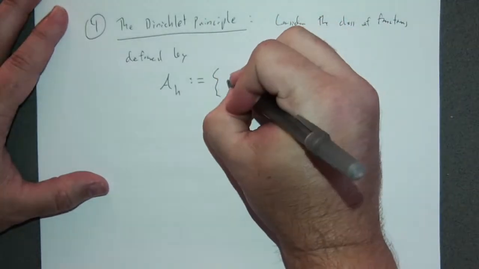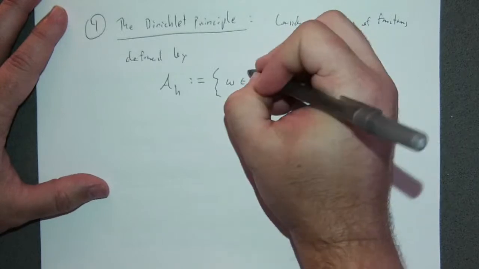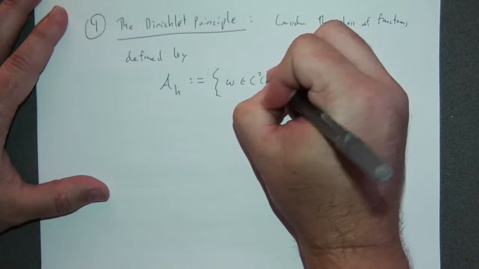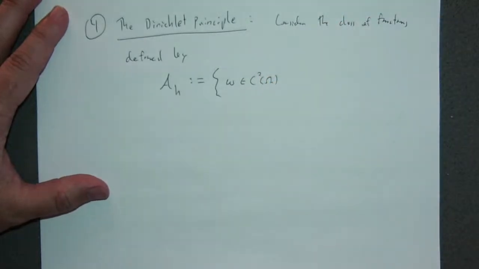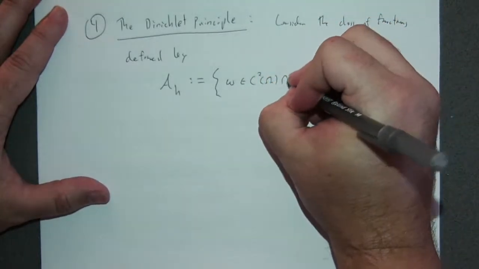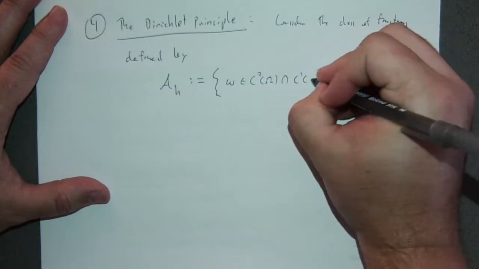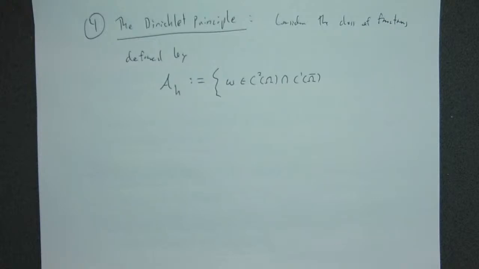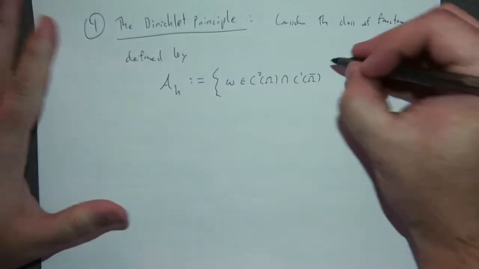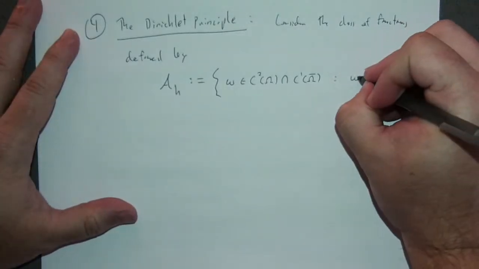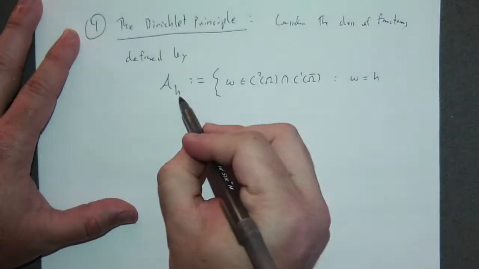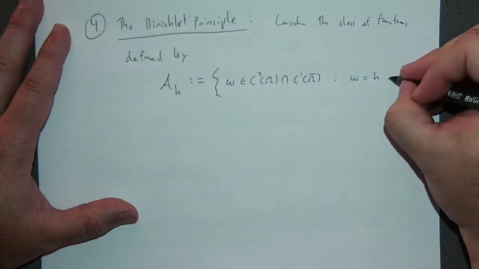The functions in question are some functions w that are C2 on omega and C1 on omega bar, and on the boundary of omega, they are equal to the specified function h.